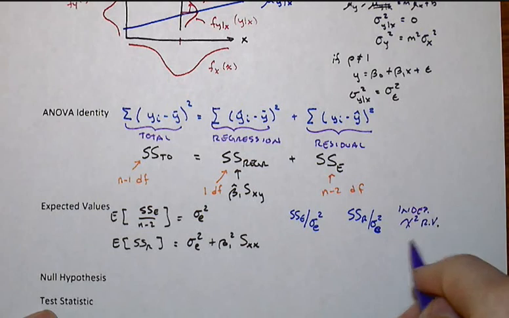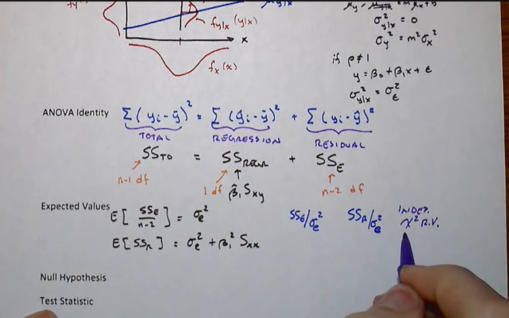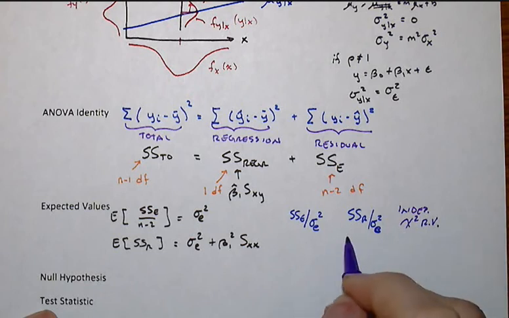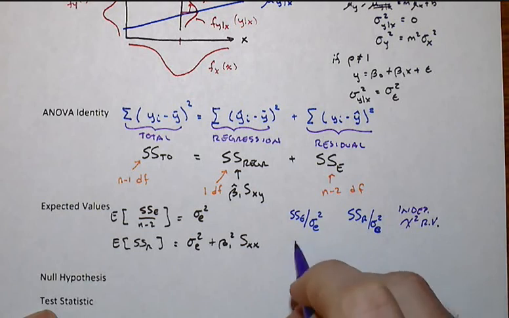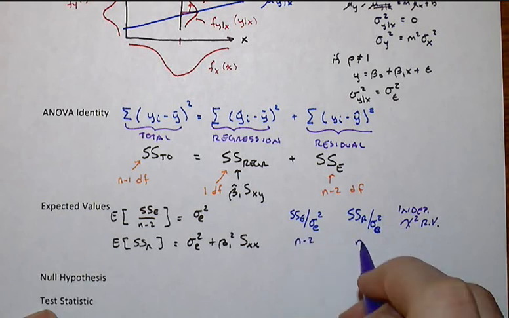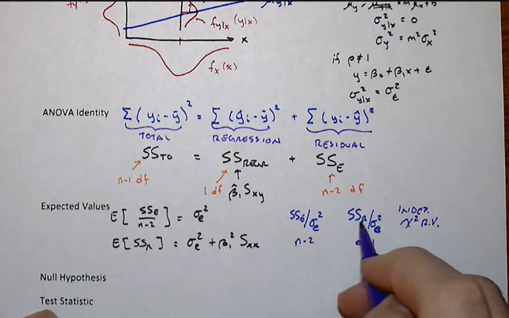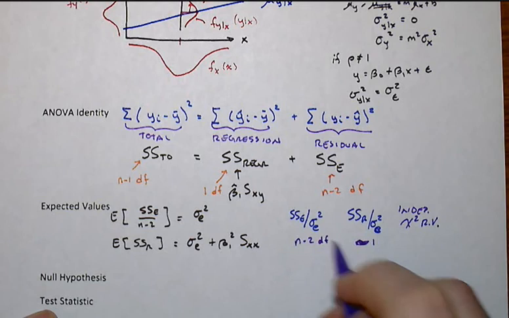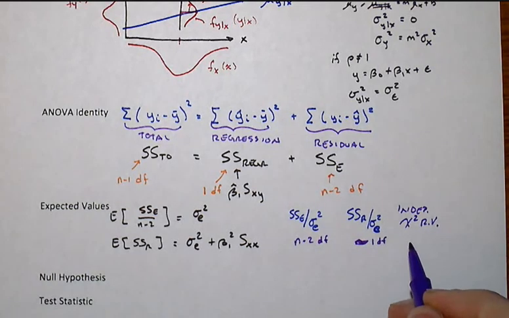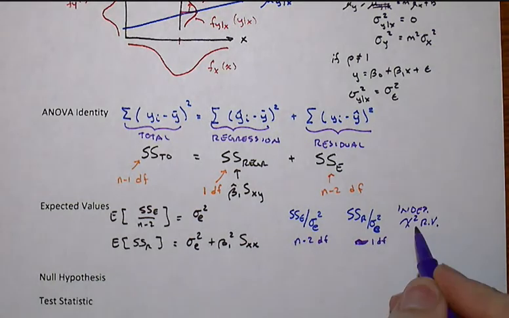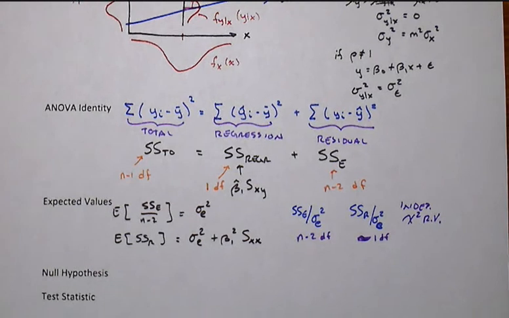And remember though that when we started talking about this and we took ratios of variance, right, this was a hypothesis test associated with variances, that we had to keep track of the degrees of freedom. We got 1 degree of freedom for the regression term and n minus 2 for the SSE over variance term. That's key to keep. So chi-squared, and we're going to go look at ultimately ratios of things.